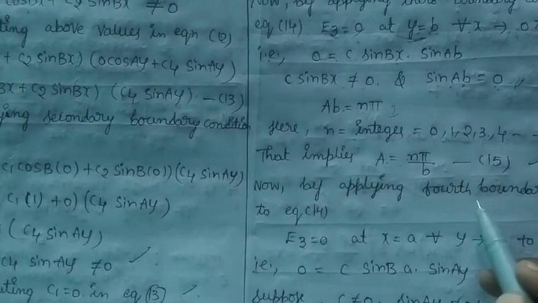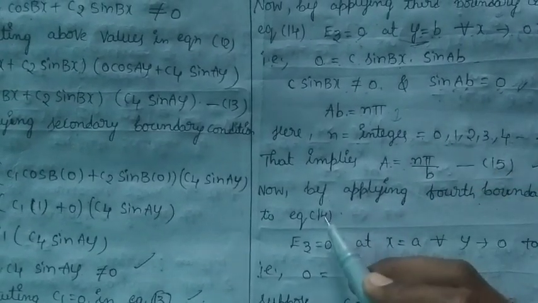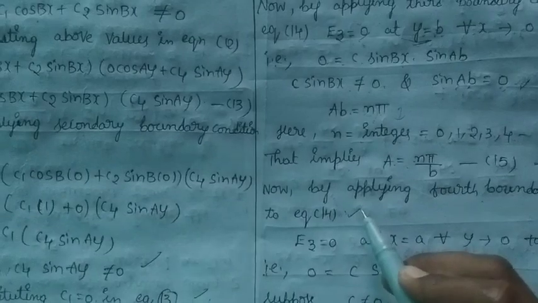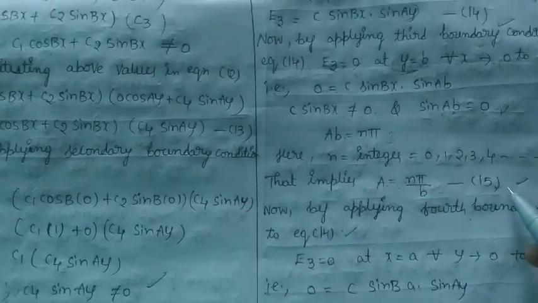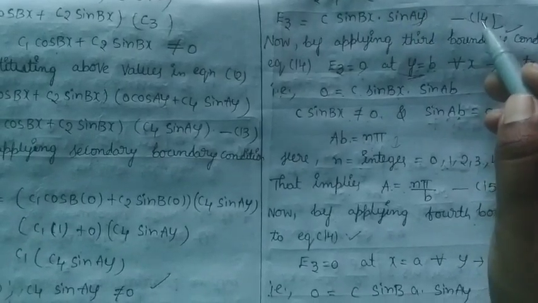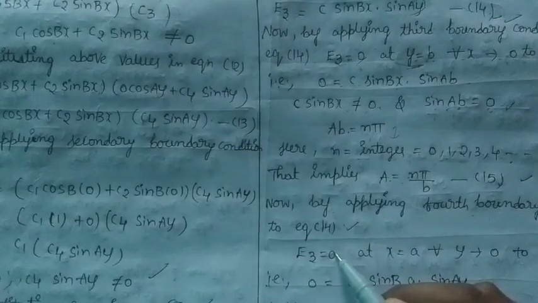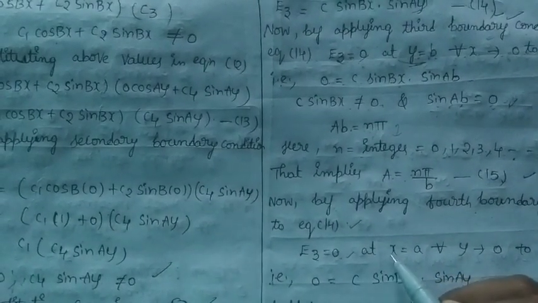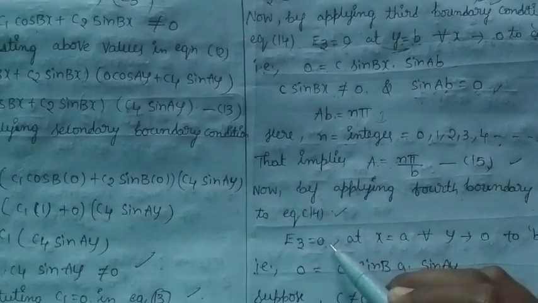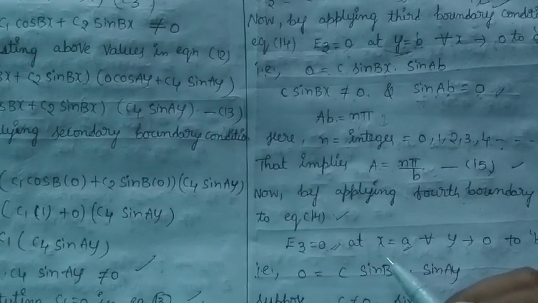Now by applying the fourth boundary condition to equation 14. This is equation 15 and this is the 14th equation. The fourth boundary condition is Ez is equal to 0 at x equal to a, for y from 0 to b. So in the place of Ez we keep 0 and in the place of x we keep a.